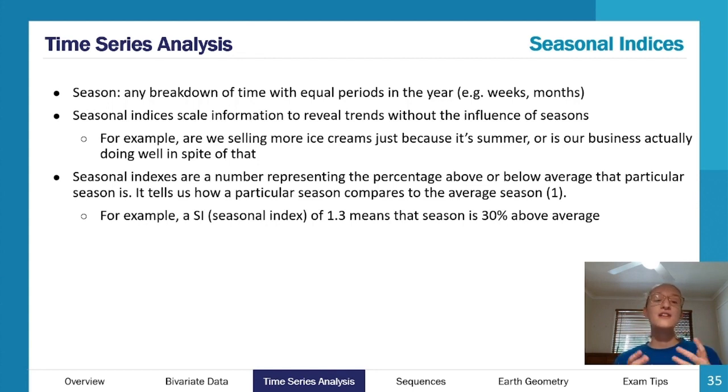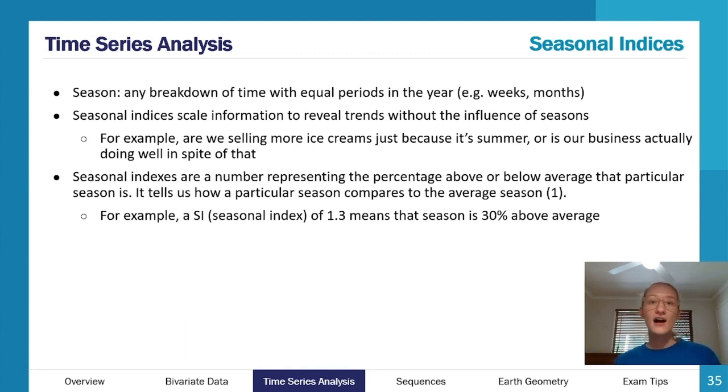So how to interpret seasonal indices. A seasonal index of 1.3 means that the season is 30% above average. So if, for example, our summer ice cream sales seasonal index was 1.3, that means our summer ice cream sales are 30% above the average season.